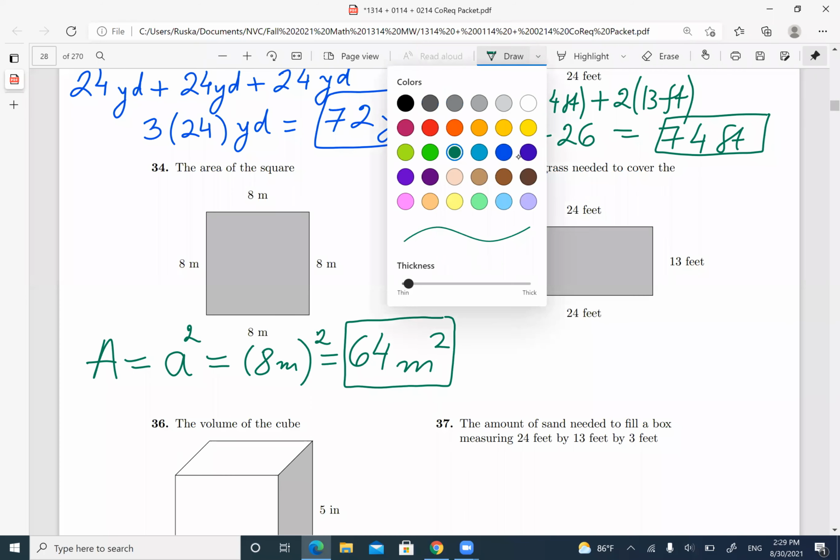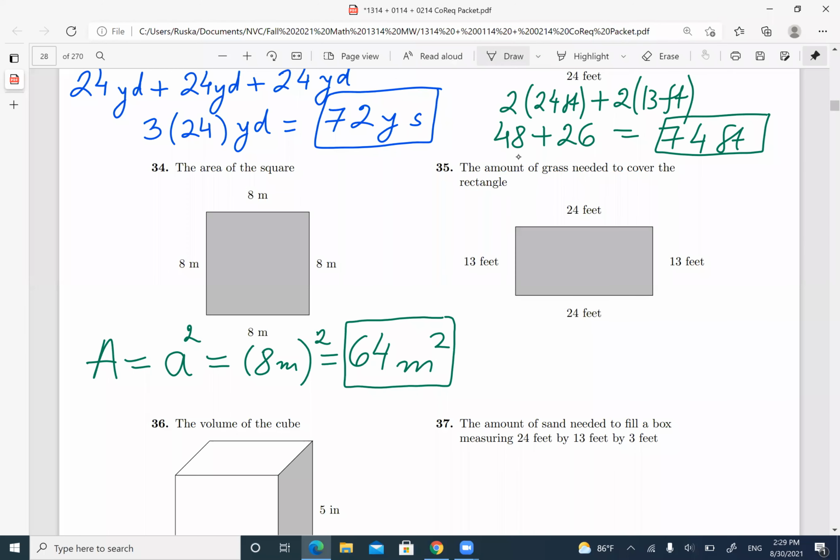In this case, I'm going to write the formula for the area: length times width. So it's going to be 24 feet multiplied by 13 feet. And what is that?